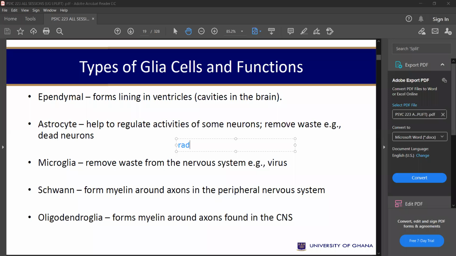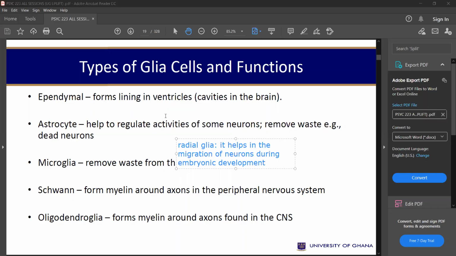Radial glia is also a type of glia cell. It helps in the migration of neurons during embryonic development.